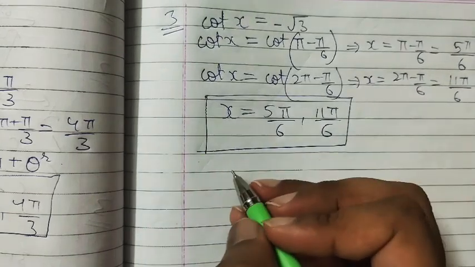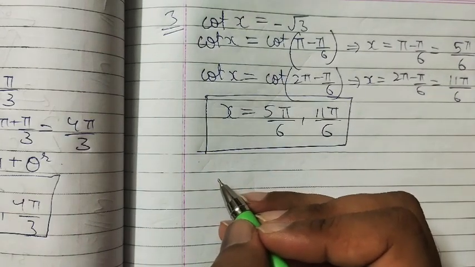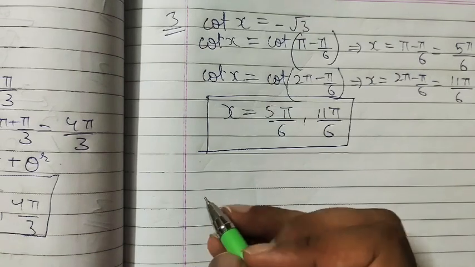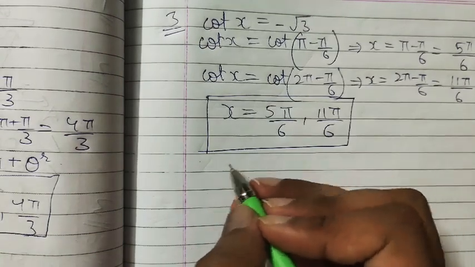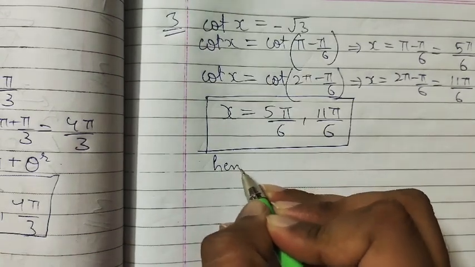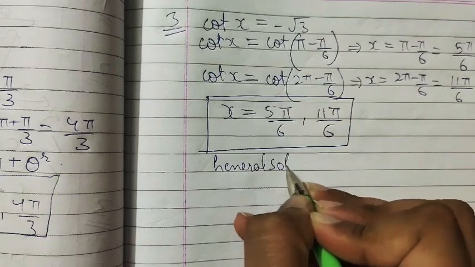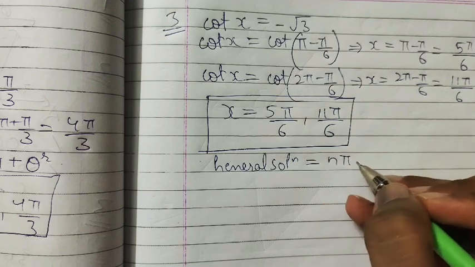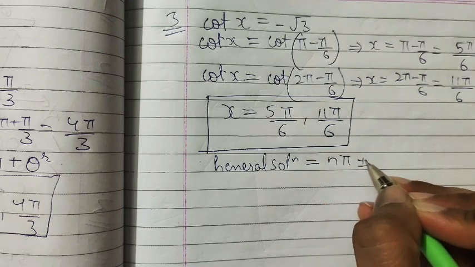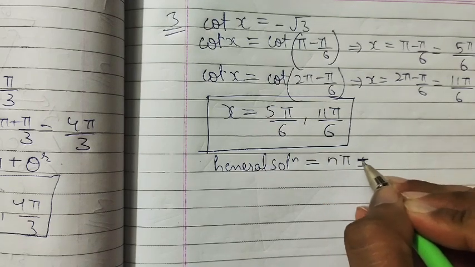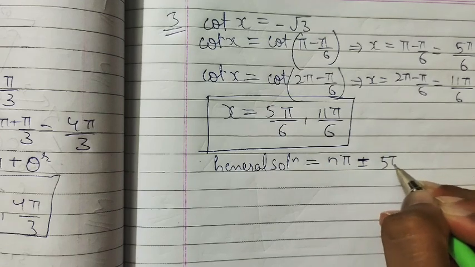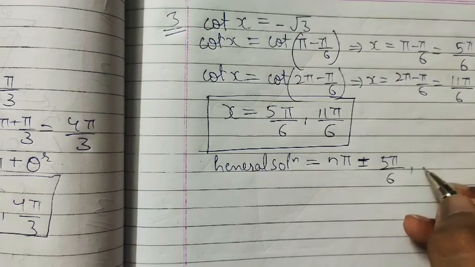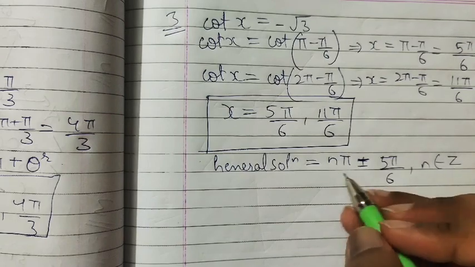Now general solution for cot. General solution for cot will be similar to tan. So general solution is equal to n pi plus minus, exception is plus minus 5 pi by 6, right? Where n belongs to integers always, right?